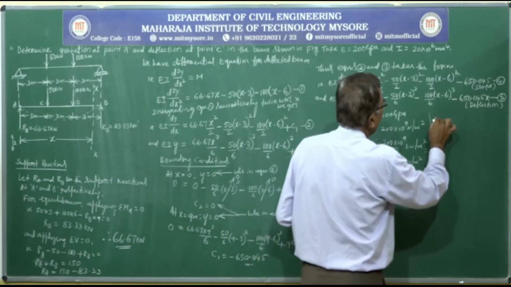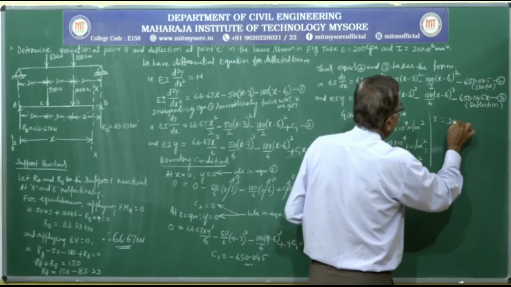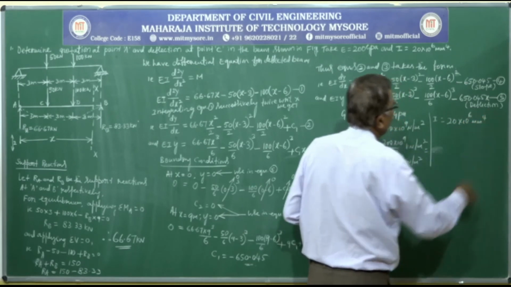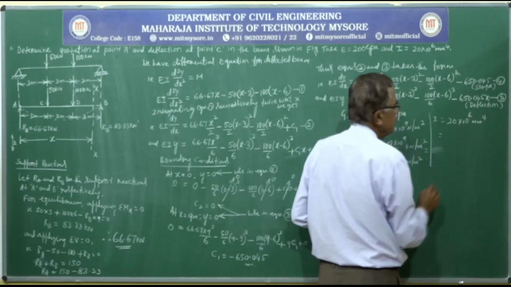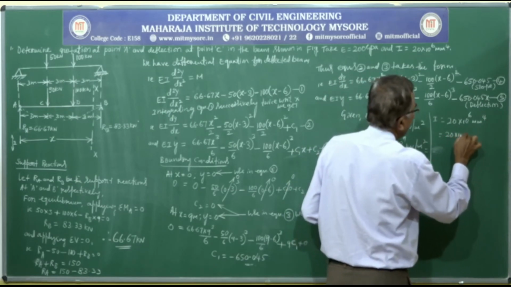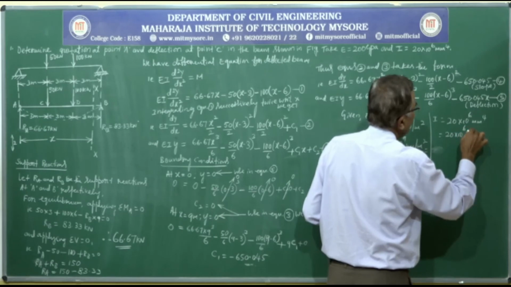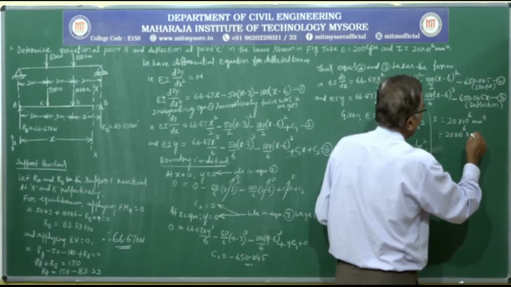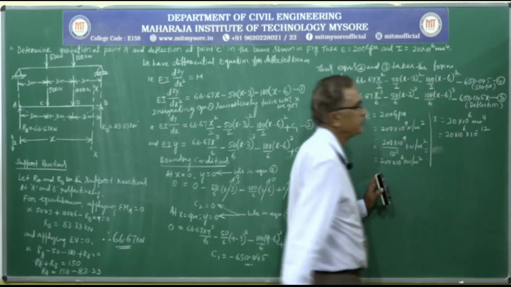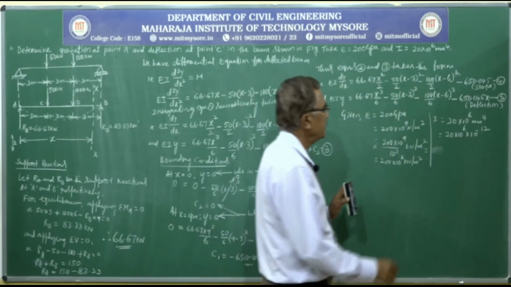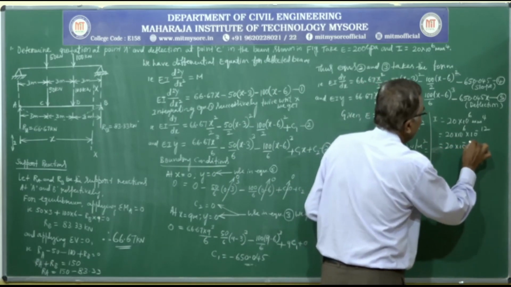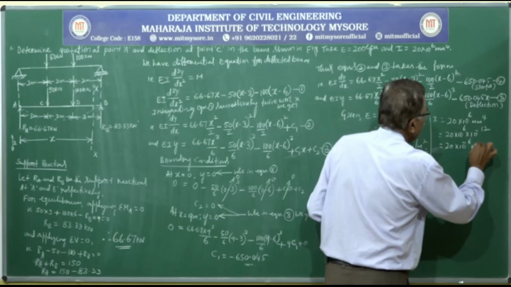Also, I is equal to 20 into 10 power 6 millimeter to the power 4. If you convert this millimeter to the power 4 into meter to the power 4, 20 into 10 power 6 into 10 power minus 12, that is equal to 20 into 10 power minus 6 meter to the power 4.